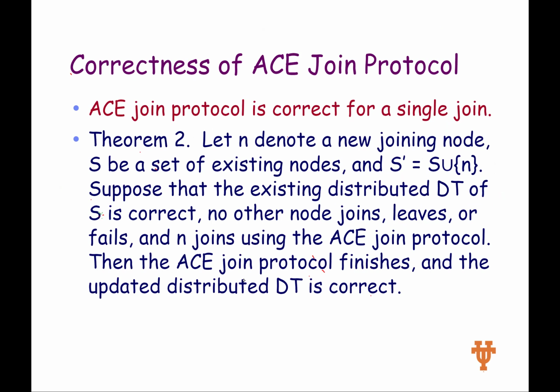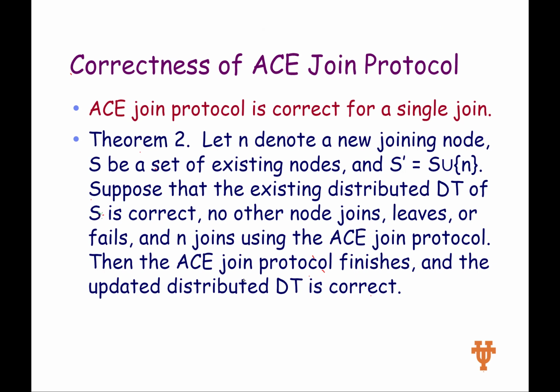So they proved this theorem. It says: let n denote a new joining node, and S be a set of existing nodes. Suppose that the existing k-node distributed DT is correct, and no other node joins, leaves, or fails at this time. Then, when the join protocol finishes, the updated k plus 1 node distributed DT is also correct.